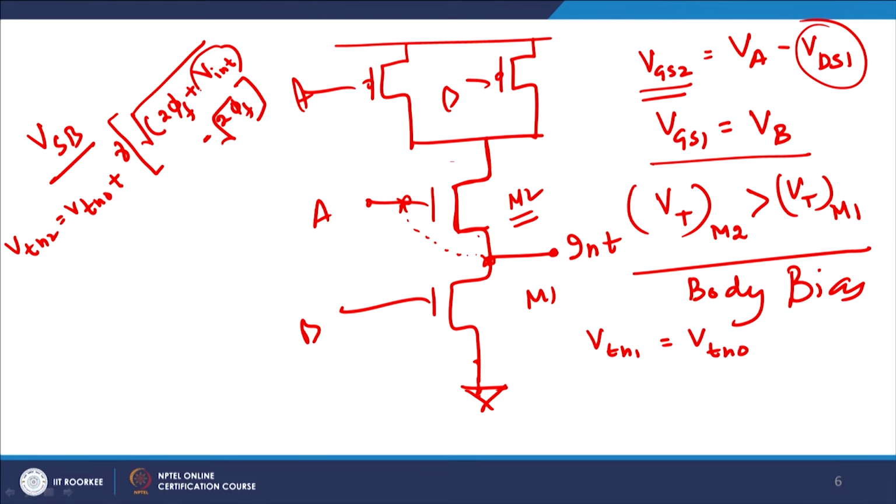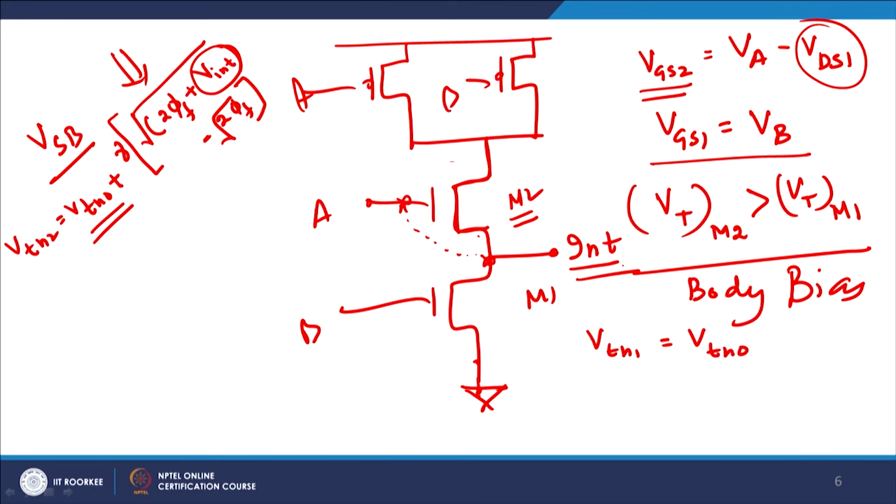So, this is basically your VSB. Remember, VGS2 is equal to VA minus VDS, therefore this quantity gets added to VTN0, and therefore VTN2 is larger than VTN1.